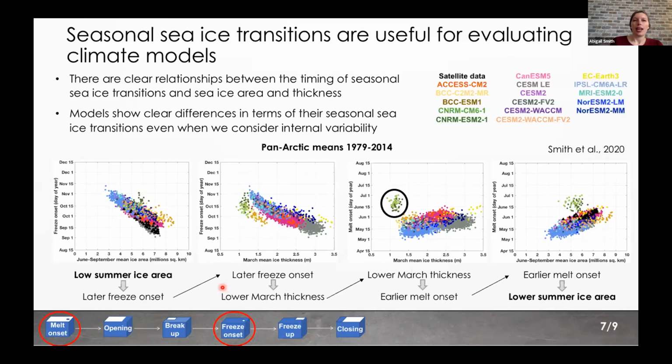And so I think that feedback was where the CNRM models may be having trouble. And I think maybe there could be models in here that have realistic snow, but perhaps that feedback isn't quite realistic. It kind of depends on both factors of whether you have the right amount of snow on top of the sea ice, but also if your sea ice is sensitive enough to that.